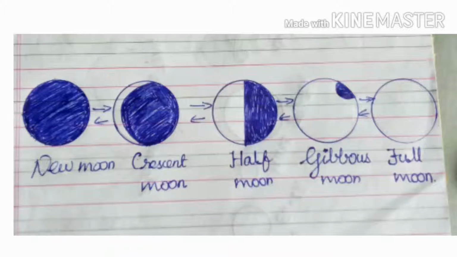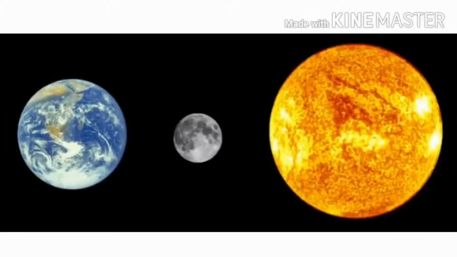So children, now let's learn the different phases in more detail. When the moon is between the earth and the sun, we cannot see the moon at all.